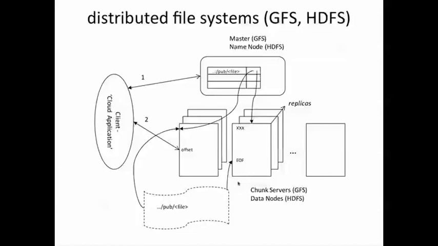Of course, the tricky part comes in writing, because while writing data, we have to make sure that each replica contains the same data all the time. Here is how writes happen in GFS.